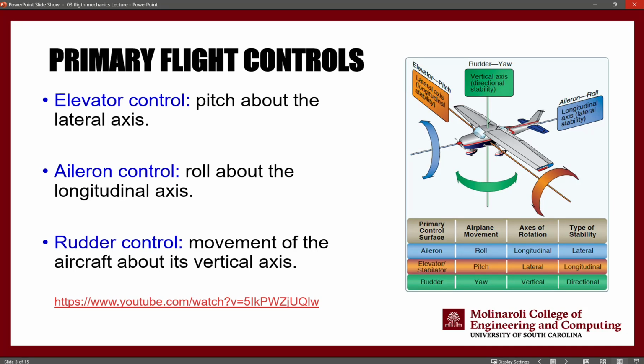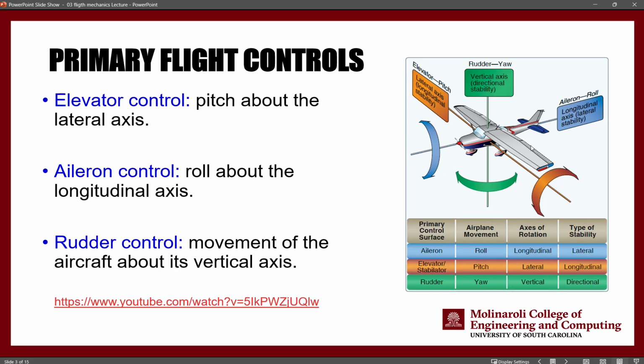The first flight control we want to talk about is the elevator control, which essentially controls the pitch of an aircraft. The elevator is located right here at the tail of the aircraft, usually at the end of the tail, and it will move up and down, and that's how it will control the pitch of an aircraft. Ailerons are in charge of controlling the roll of the aircraft.